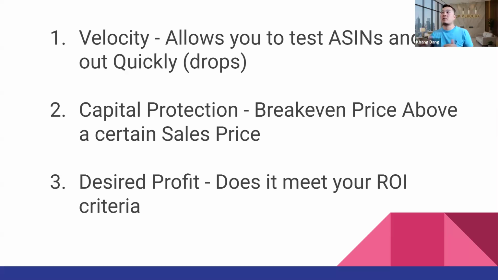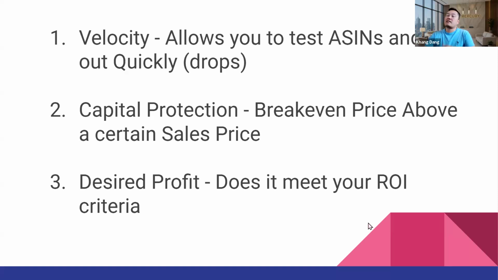That's what the break-even price means. Part of the three-step check is to see if, on average, this product is selling above your break-even price, right? That gives you better confidence that you are likely to not lose money on this product.